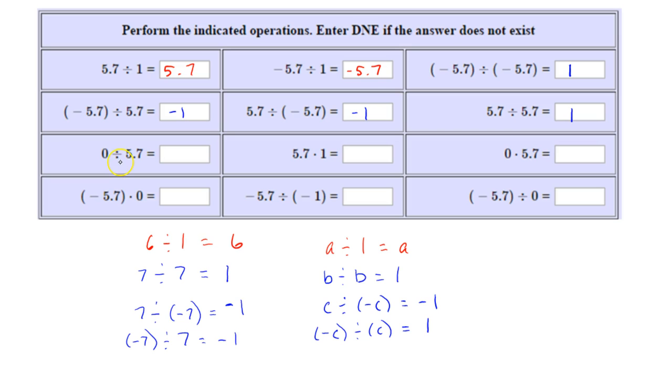Okay. Now we have 0 divided by 5.7. So let's look at one with whole numbers. What if we had 0 divided by 3? This asks how many groups of size 3 are in 0?